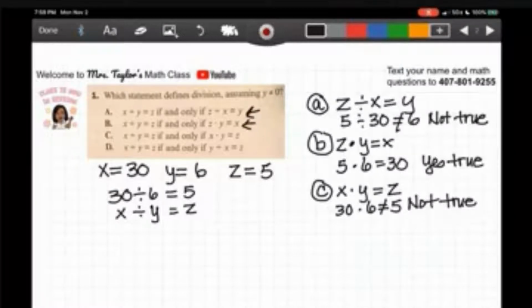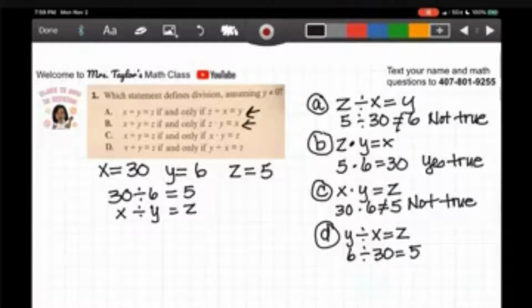So let's look at part D. For part D, y divided by x is equal to z. So it's 6 divided by 30. Does that equal 5? The answer is no. This is not a true statement as well. So your answer is going to be answer choice B, because that's the only one that yielded a true statement.